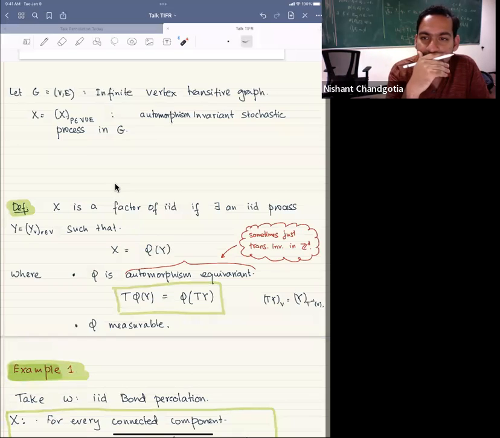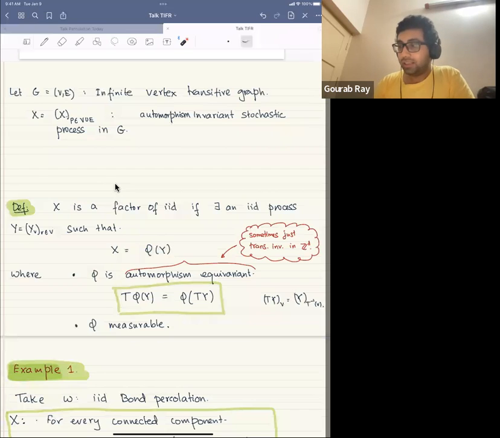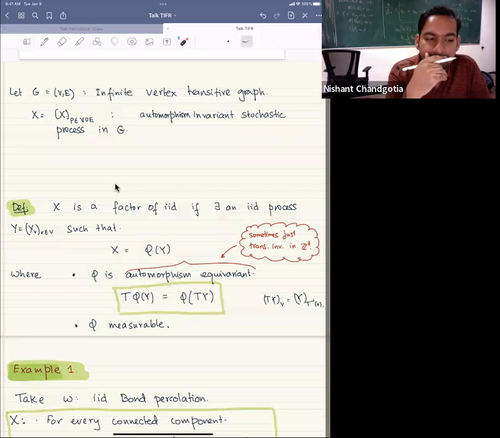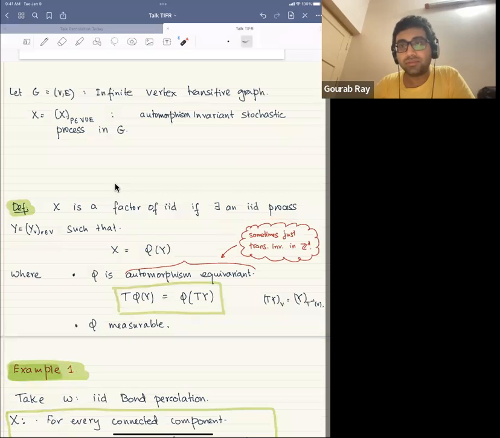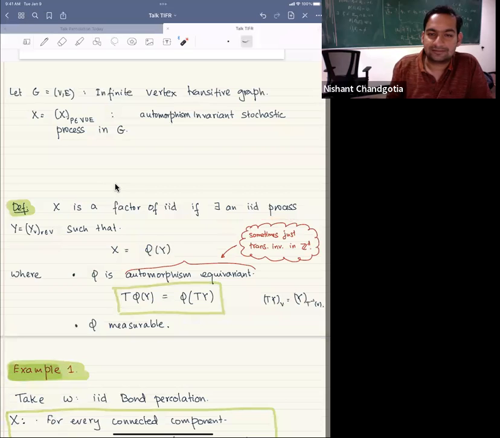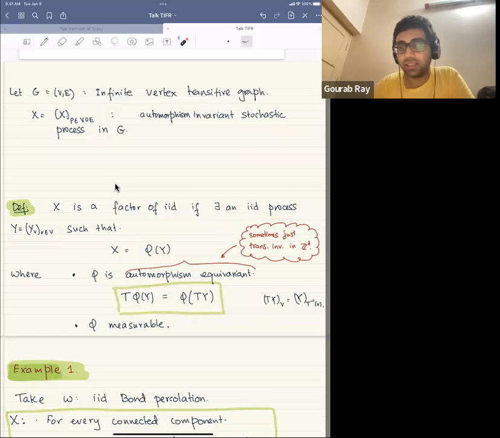So in the definition, I took the IID process on vertices, but essentially it's not that big a deal. You can also talk about finite degree, then it doesn't matter. Yes, if it's vertex transitive and bounded degree, it's not such a big deal. But this is the definition I'm going to work with throughout the talk.